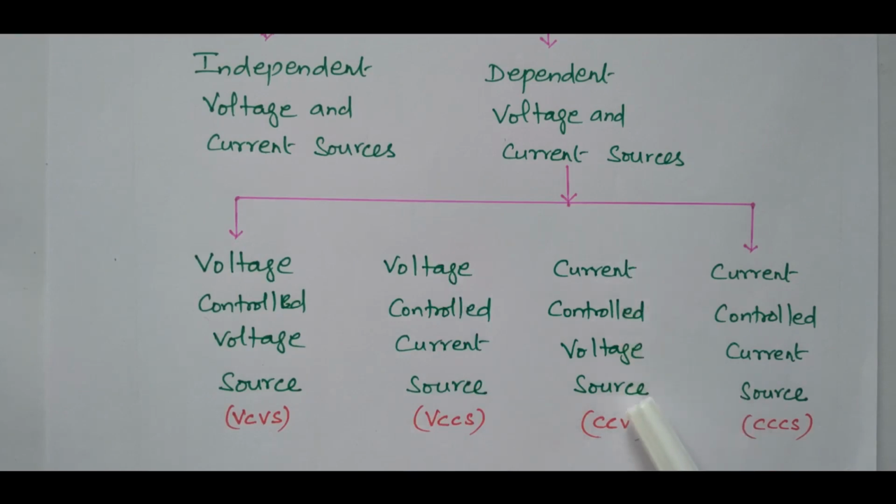Current controlled voltage source, a voltage source that is controlled by a current. Current controlled current source, a current source that is controlled by a current. So there are four types available. Now we'll see these one by one.